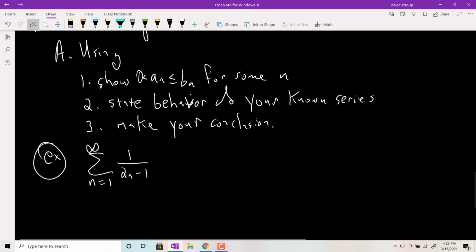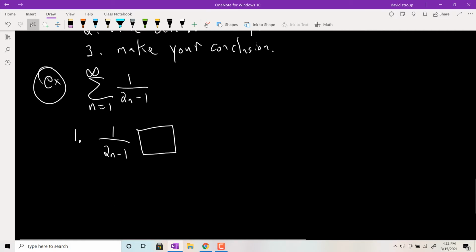First off, what we need to do is this inequality. So I'm going to take 1 over 2n minus 1 and compare it with something. How do I get that something? Well, I'm going to just cut off everything except that lead term. It's like what I taught you to do with limits.